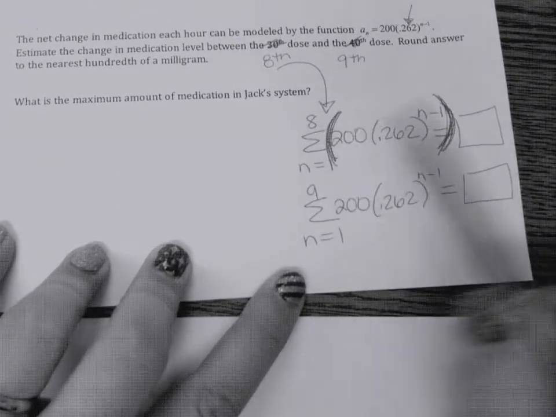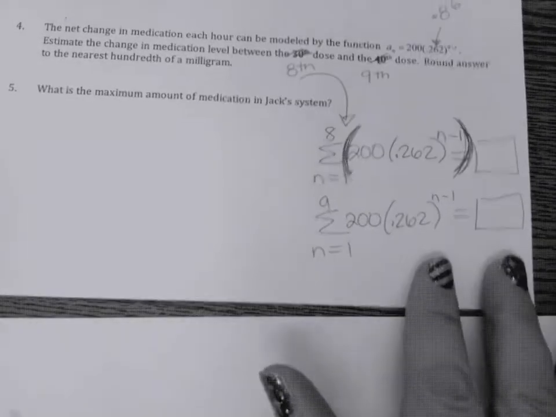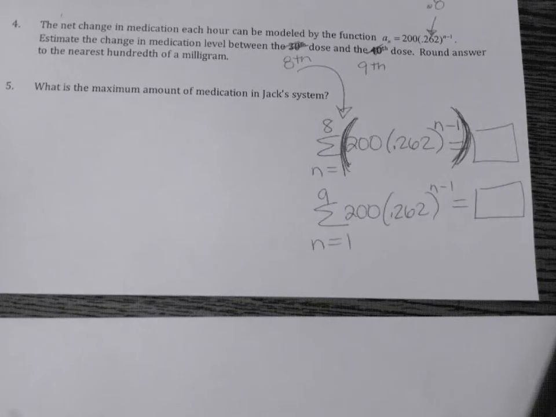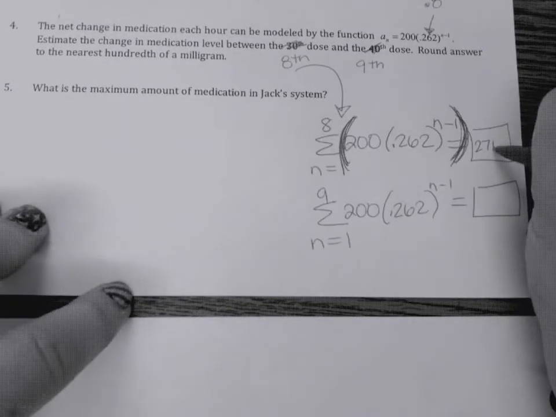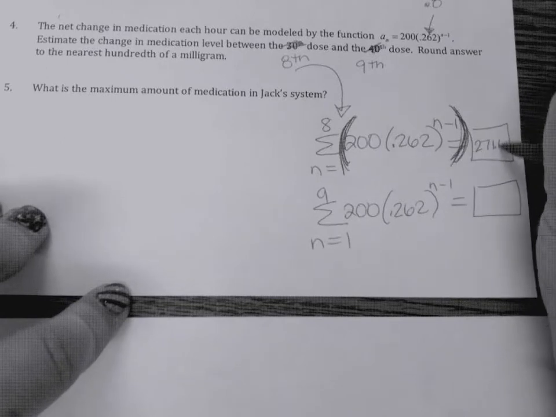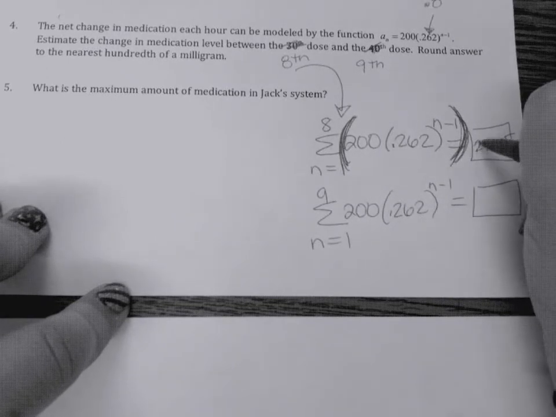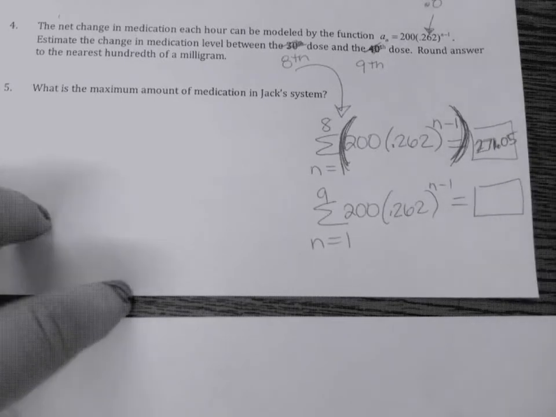All your stuff goes inside it before you press enter. And you should get 271 with a decimal. It's 271.05 if you do it correctly. If you didn't, let me look at how you typed it in.